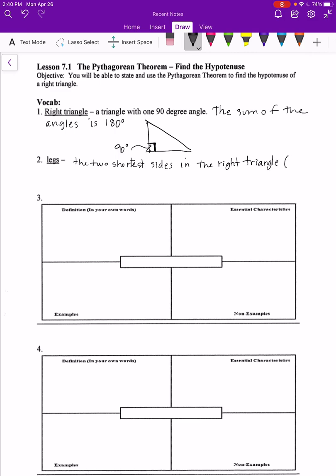And they are referred to as A and B, so I'd put that in parentheses just so you know. And those two legs are the ones that form the right angle. So the legs form the right angle.